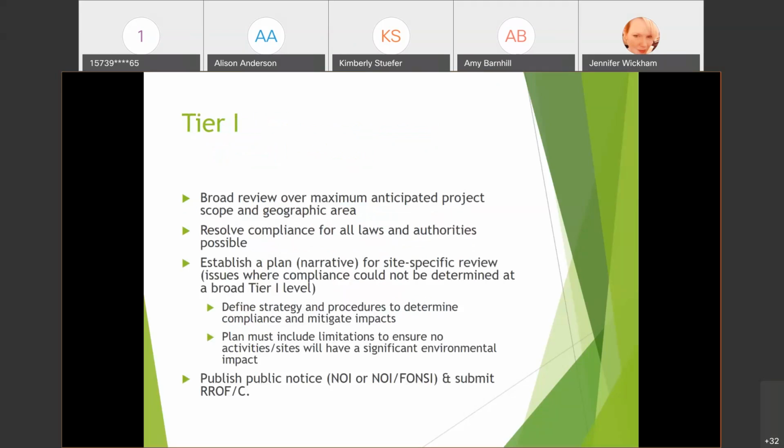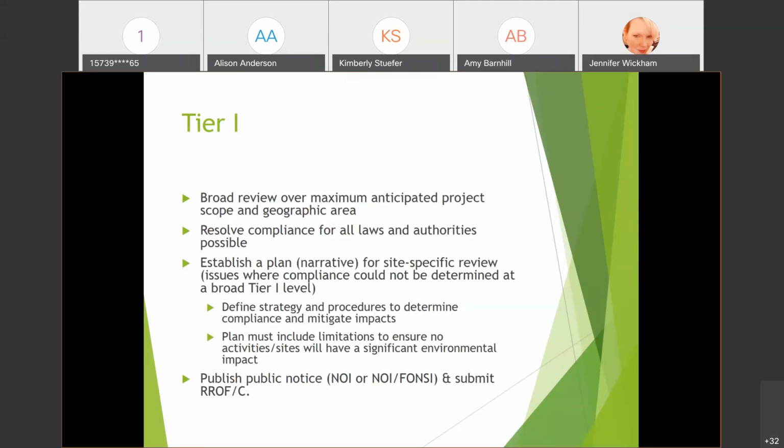Tier 1 is defined as a broad review over the maximum anticipated project scope and geographic area. So you resolve your compliance for all laws and authorities possible, which would be 24 CFR 58.5 and 58.6. Those are the laws and authorities.